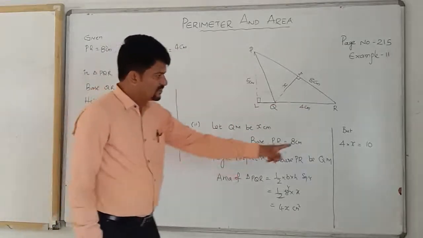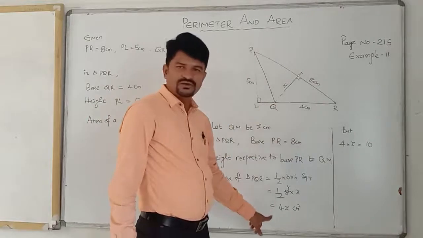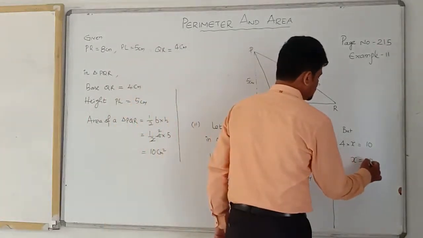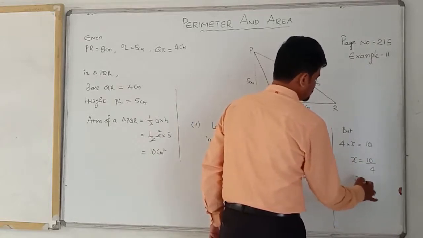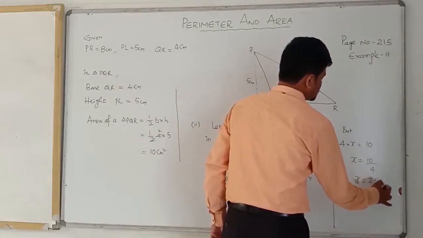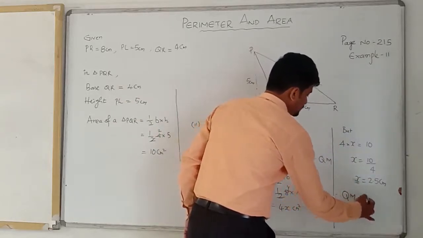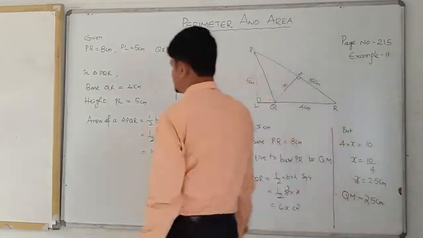Therefore, as per base and height QM, we got 4 into x, that implies x is equal to 10 by 4, that implies x is equal to 2.5 centimeters. Therefore, the length of QM is equal to 2.5 centimeters.